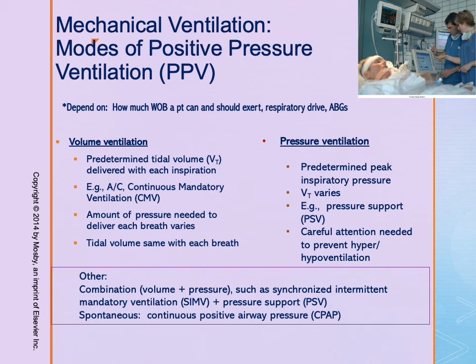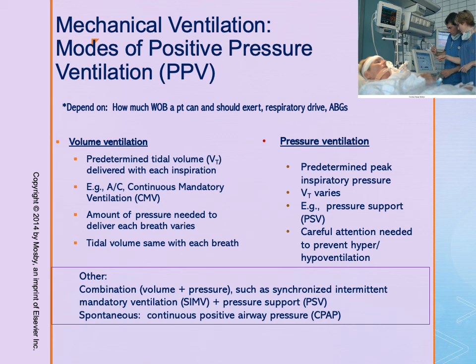The mode also depends on the patient's respiratory drive, which is controlled by the respiratory center in the medulla, the brainstem. Remember that the respiratory center responds to chemical signals such as pH changes, PaCO2 changes, and PaO2 changes, in addition to mechanical signals that are activated by things like irritants or muscle stretching or alveolar wall changes.